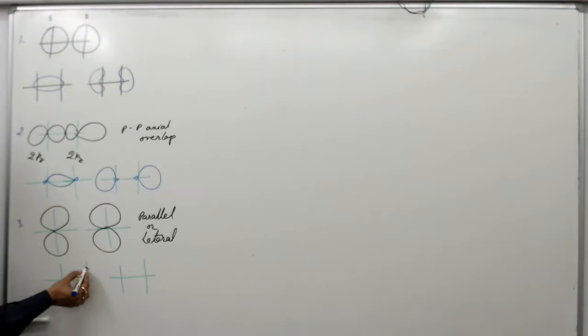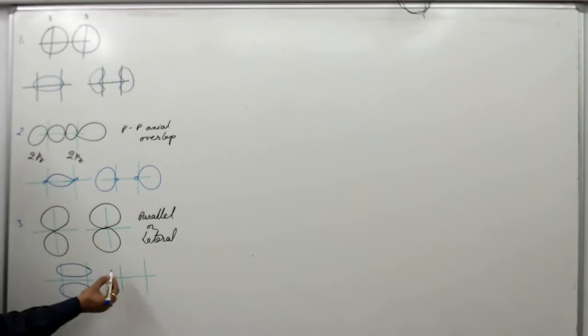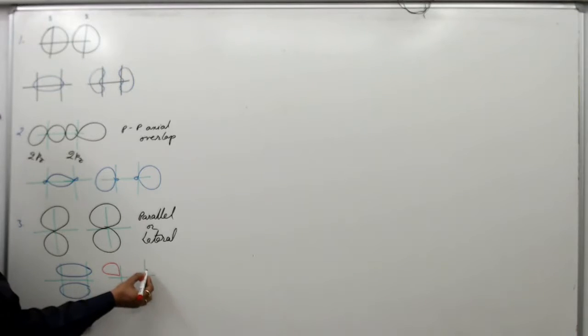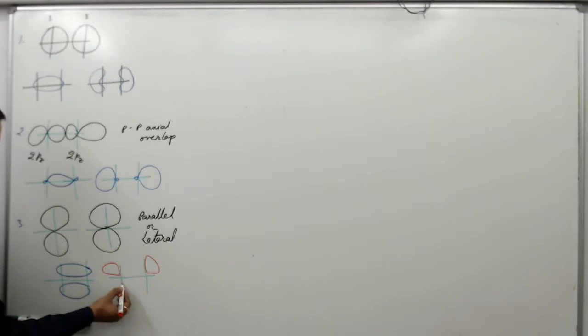There's going to be a region like this. There's another region going to be like this. Here, the regions are like these. Sir, what are those red and green ones?